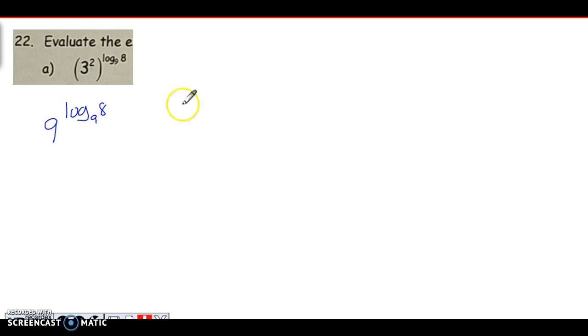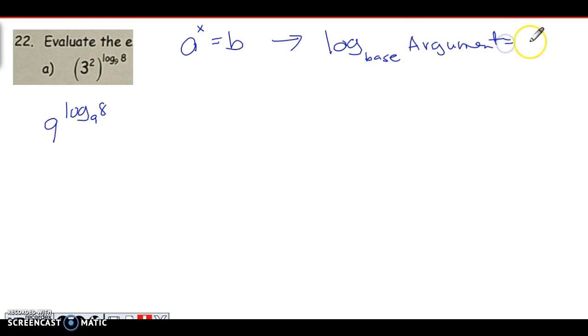Okay, so remember when you convert exponential to logarithmic, it looks something like this. Say a to the x equals b. So this is your exponential. And if you want to change it to logarithmic, you will write log of base, argument, equals exponent.